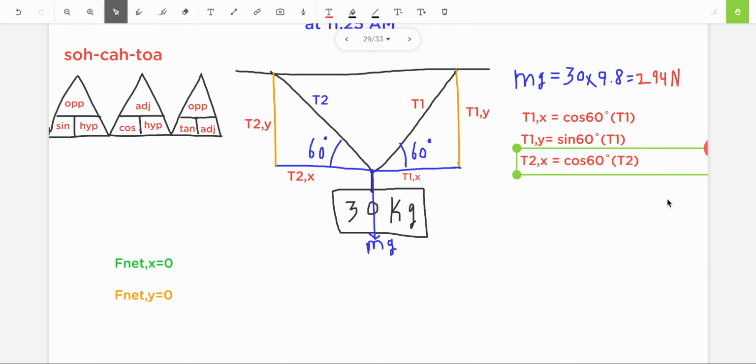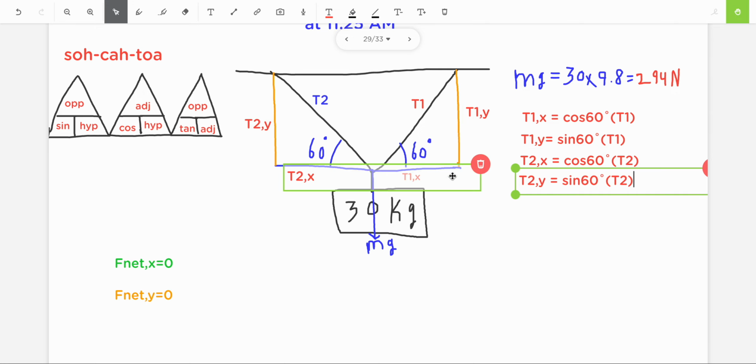And T2y is equal to sine 60 degrees multiplied by T2. That's very easy to find all the sides as shown here.